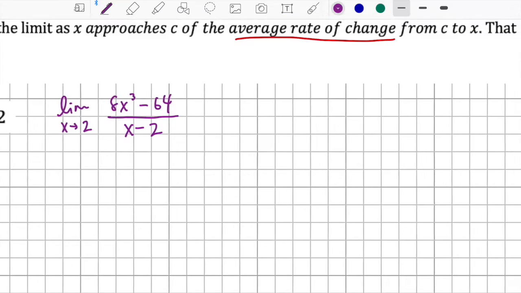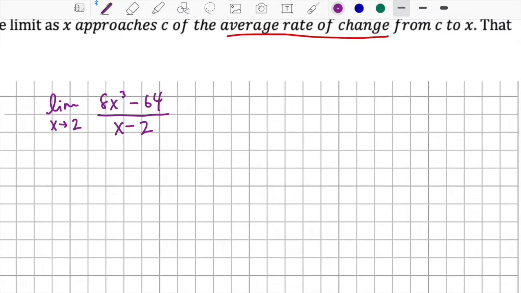So now the next thing to do is to evaluate. Now remember from the previous video, all we have to do is use direct substitution. So meaning I'm going to get this 2, and replace that x. If you plug it in, you end up with 0 over 0.